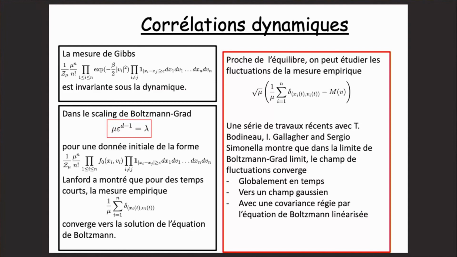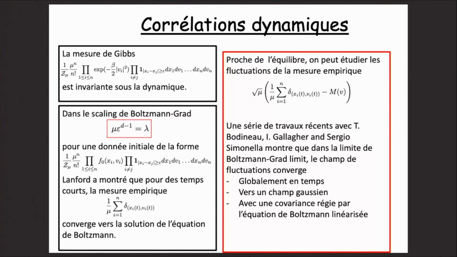That tells you something about the law of large numbers, but now we can also work on the central limit theorem for this, on the correlations, like we saw for the system which is stationary. And so we can also say things about the fluctuations. Now you look at this measure here.